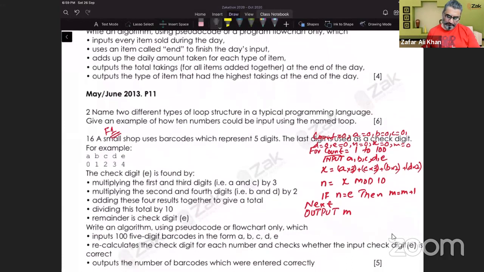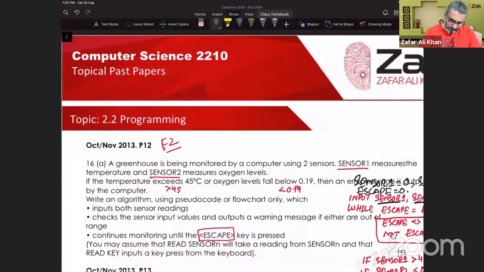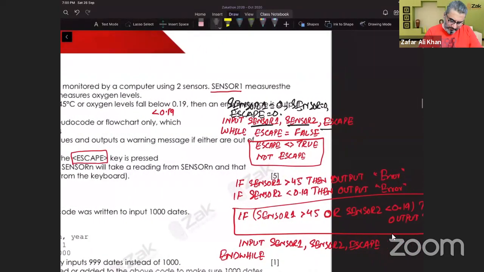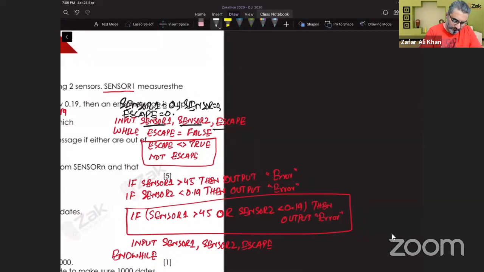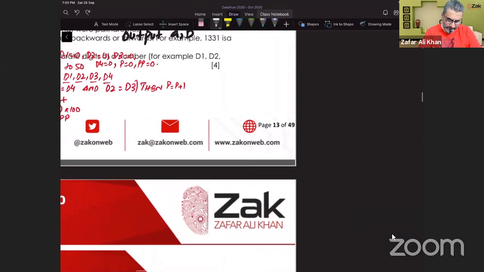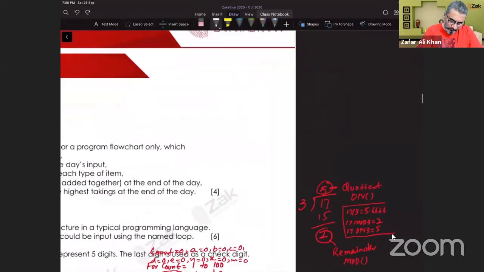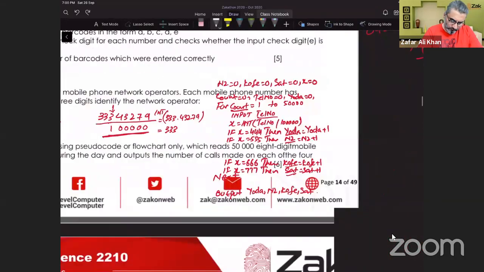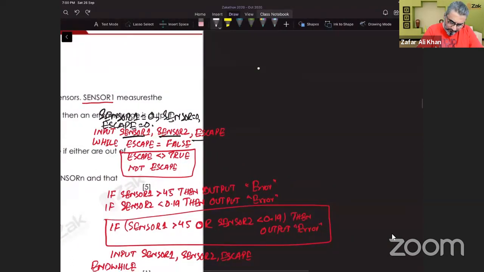Now this question. Repeat, input sensor 1, sensor 2, and escape.